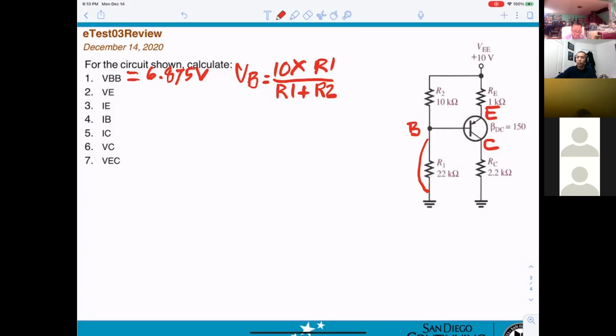How can we get VE? You understand VE means here. And from here, VB to the ground, you get 6.875 volts. The difference here will be 0.7. So VE will be VB plus 0.7. Perfect.